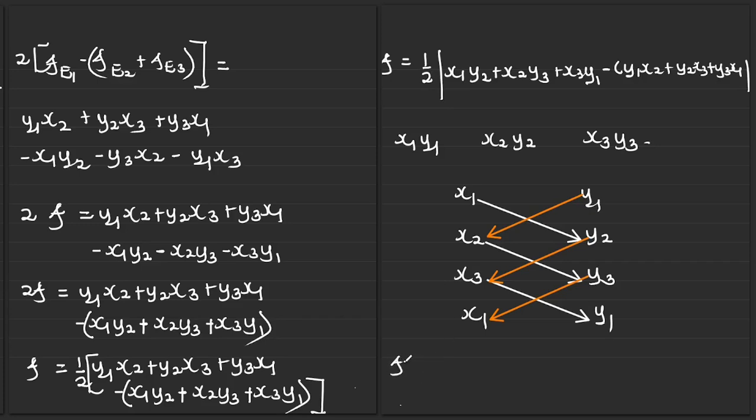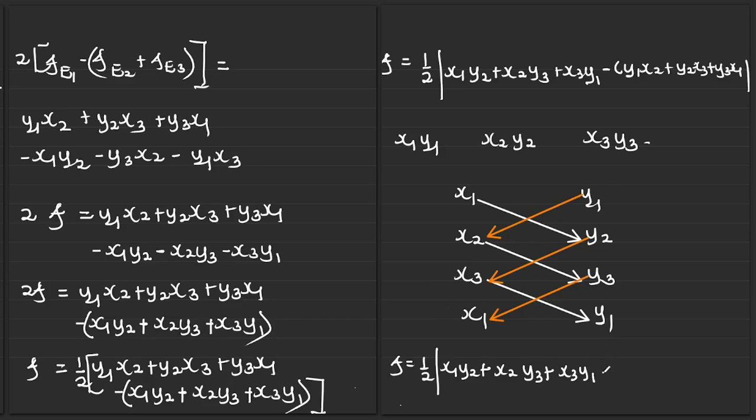So our A is equal to 1 over 2, then the absolute value of x1 times y2. That is what you have here. So x1 y2 plus x2 y3, plus x3 y1.